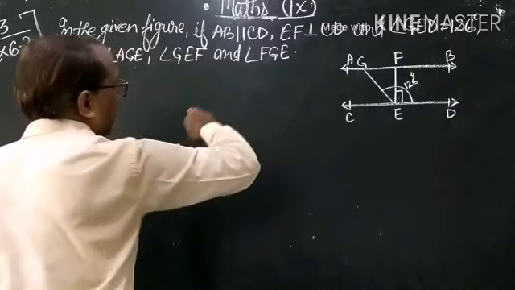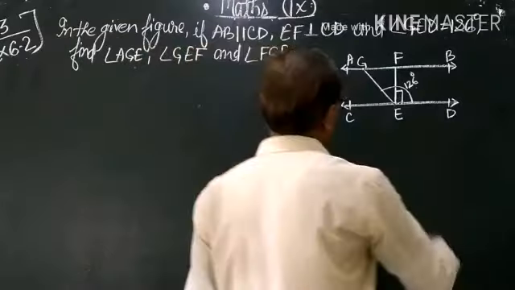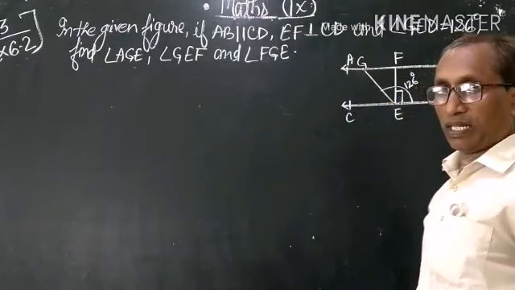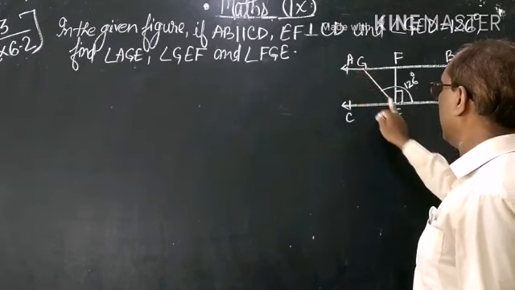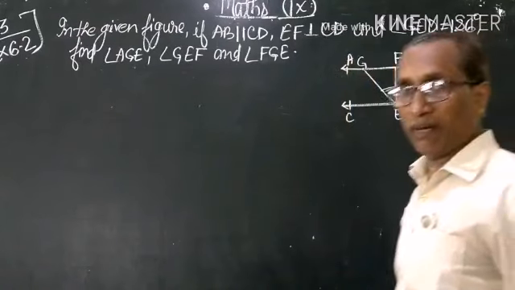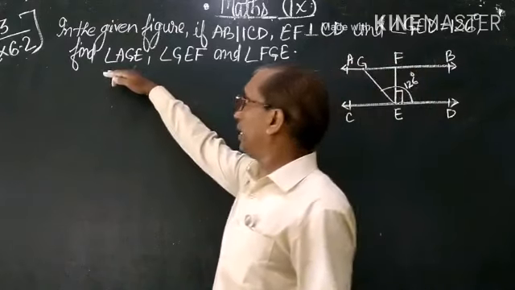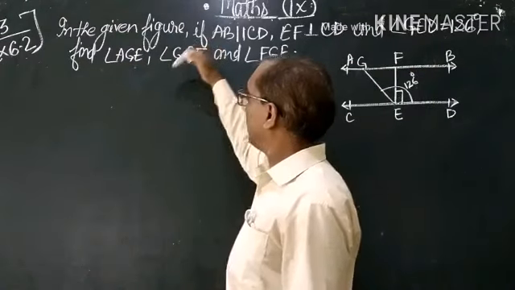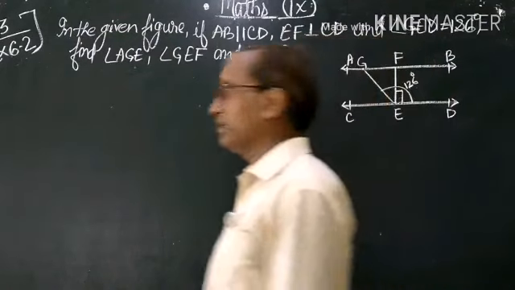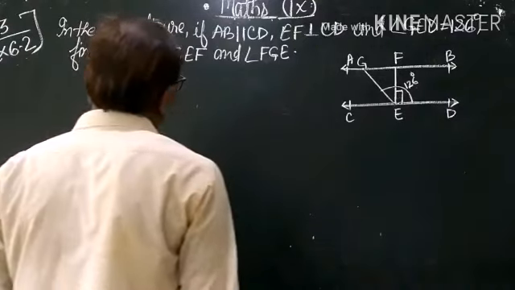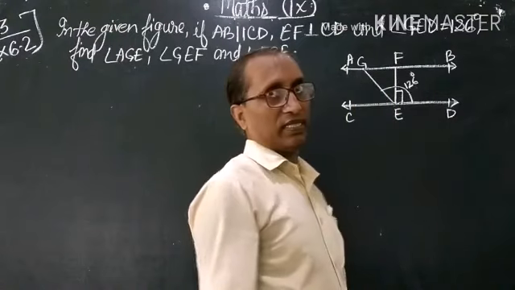By this property, AB is parallel to CD and AG is a transversal which cuts AB and CD at points G and E respectively. We are able to find out the value of angle AGE, angle GEF and angle FGE. First of all, you find angle AGE.